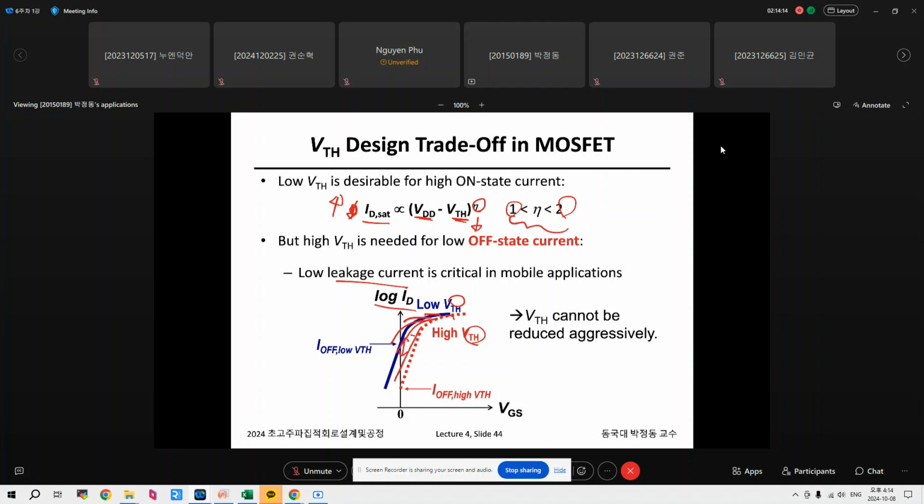So if we reduce it too much, then leakage current is too high. So HVT device is used for mobile application. Low VT is for high performance.